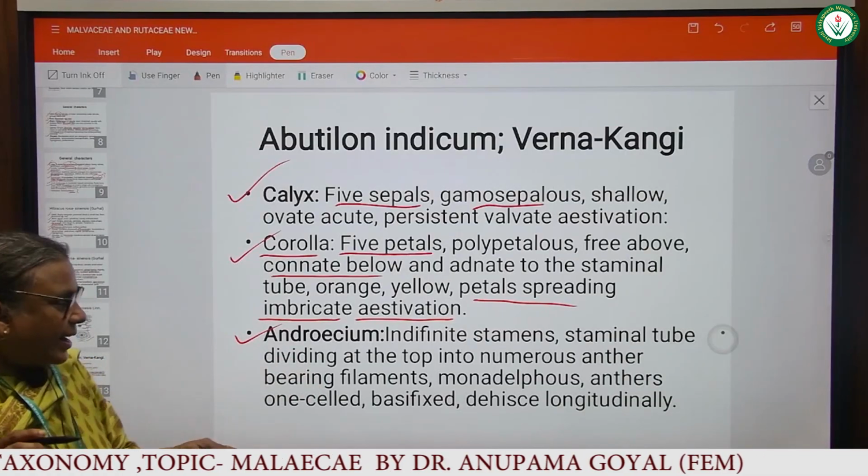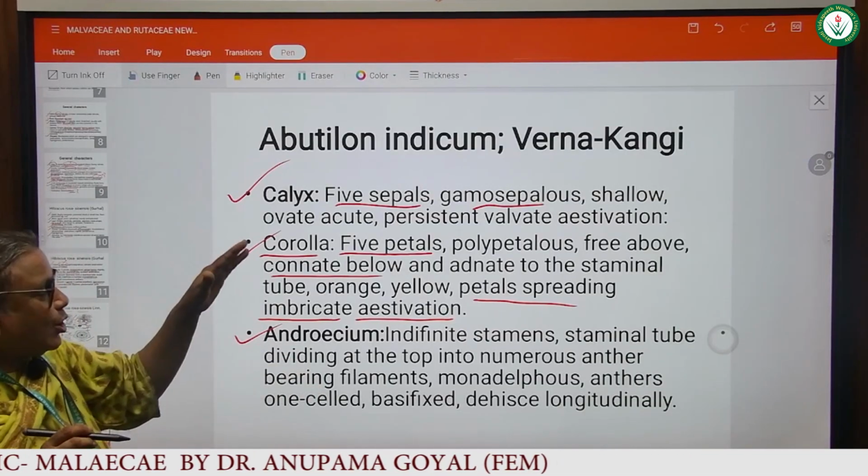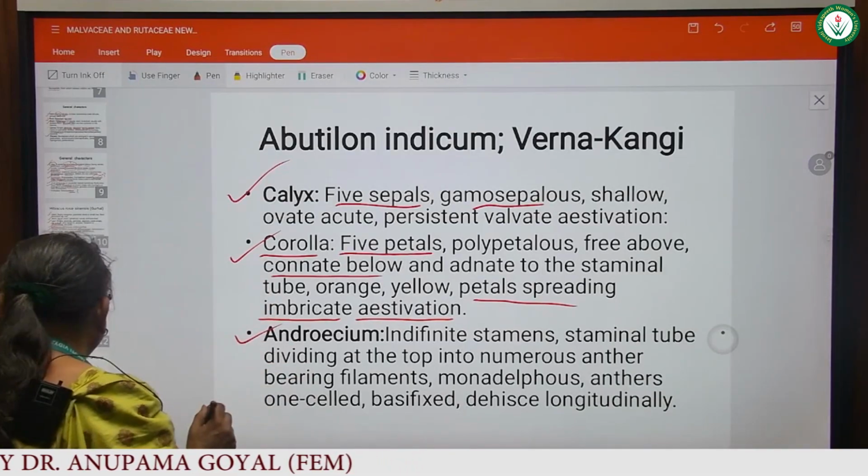The anthers are one-celled and basifixed and they dehisce longitudinally.